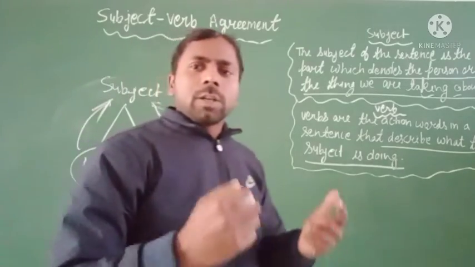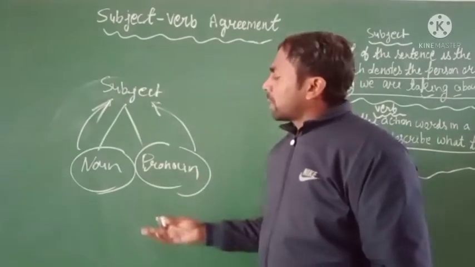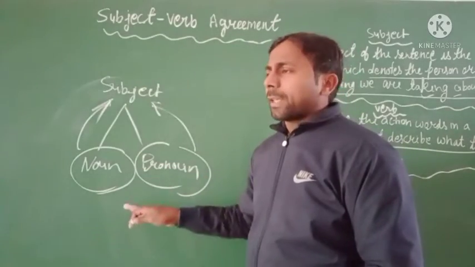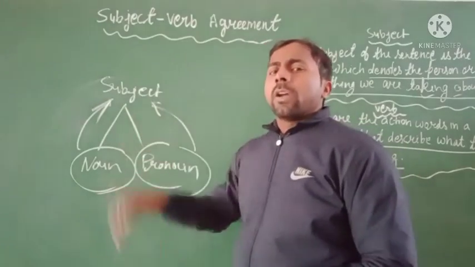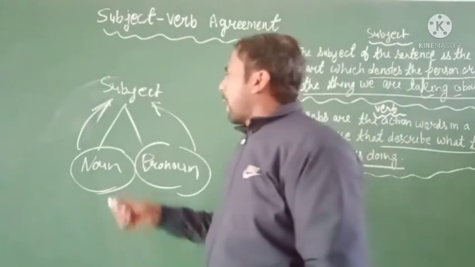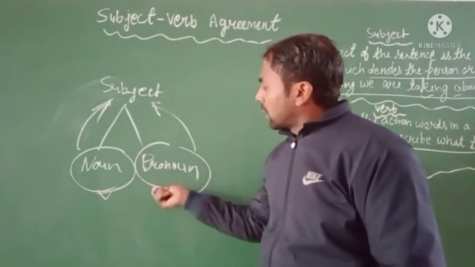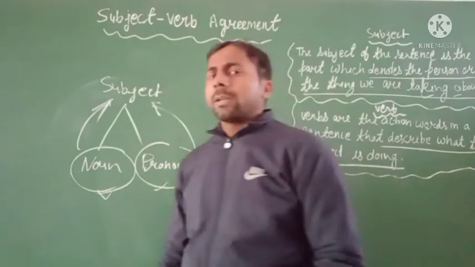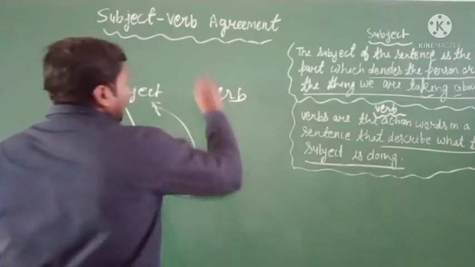It's easy to make the subject with the help of the noun and pronoun, and the rest of the words, like articles, determiners, adjective phrases, etc., are many words that we can use to make the subject. But the important thing is the noun and pronoun. Clear?